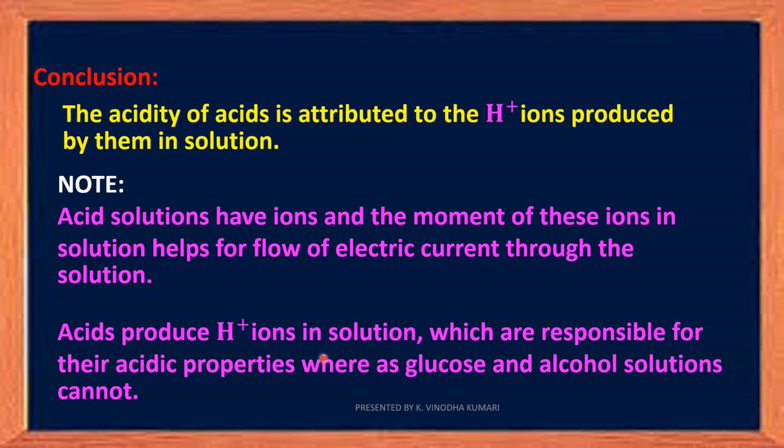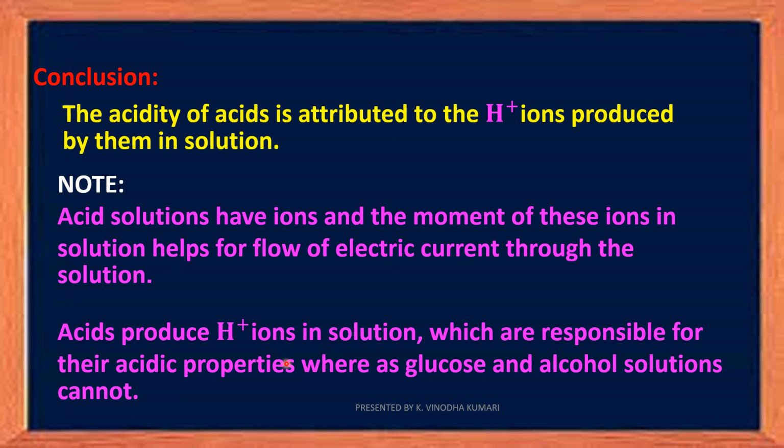And we can perform this activity with bases also, like sodium hydroxide and calcium hydroxide. There also we'll find that the movement of the ions will be there. In acids we have seen the H plus ion in common, and in bases we'll find the OH minus ion in common.